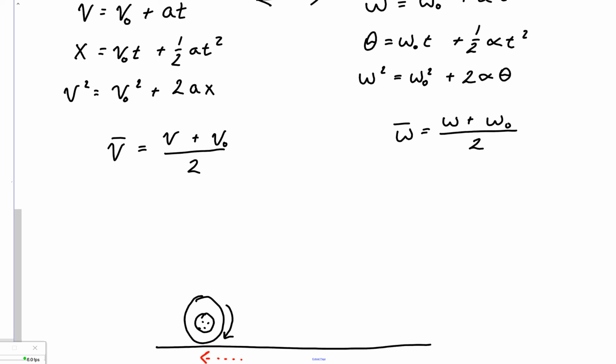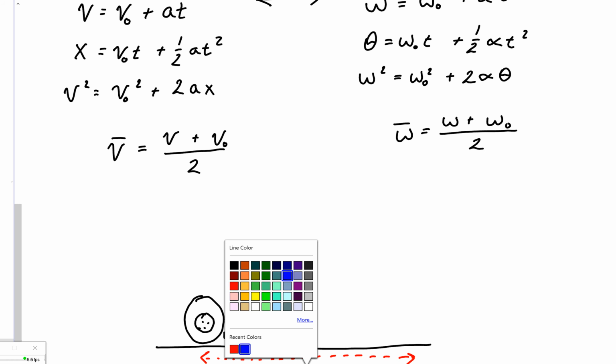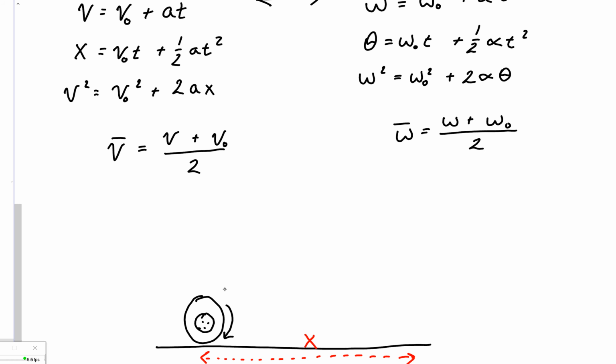As this tire is rolling along the ground and making a horizontal displacement, you've got to also think about the fact that it has this arc length. And this arc length is the same as this x. So if you remember at the beginning, we talked about the basic equation for arc length, theta equals S over R, so x over R. So there's three equations I want you to have, and we could derive those.